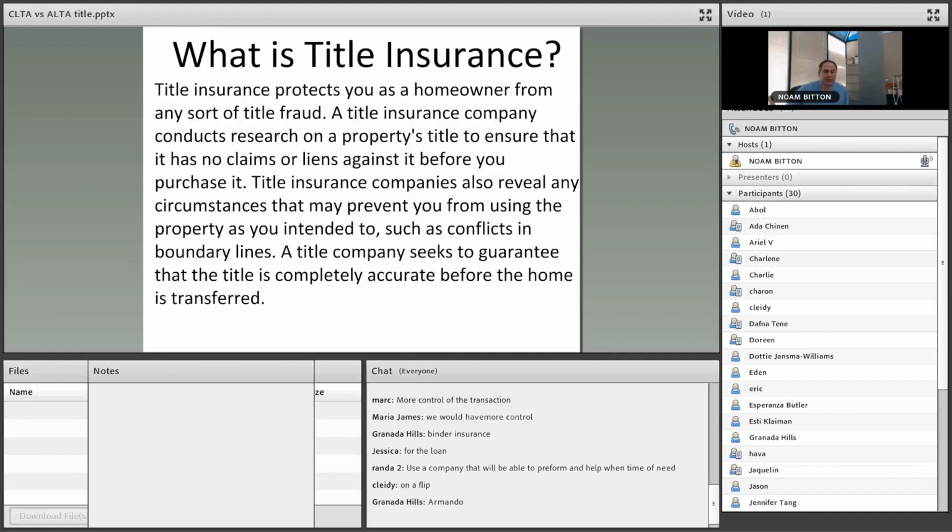So we were with one title company. That title company, it came to a point that they said, we do not want to insure this property, there is a problem, and unless you do A, B, C, D, which were impossible for us to do, we were blocked. So we couldn't take that.